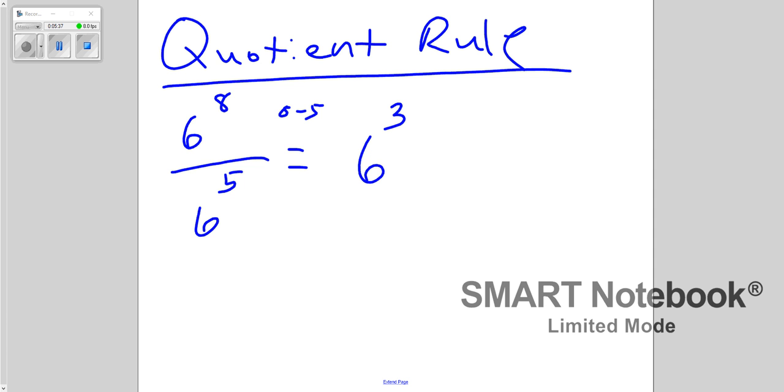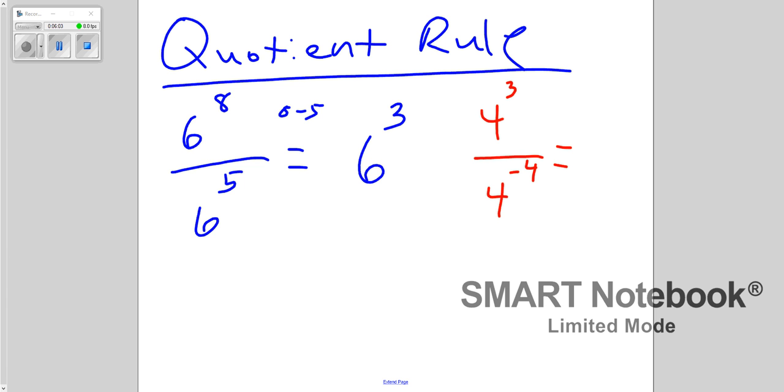The problem that came up with the quotient rule was when we had to deal with negative exponents. You don't have to fix them and turn them into positives until you're done. But the problem is, in 7th grade, we learned how to add and subtract negative numbers, and that concept still is a little shaky with a lot of us. So for example, 4 to the 3rd power divided by 4 to the negative 4th power.